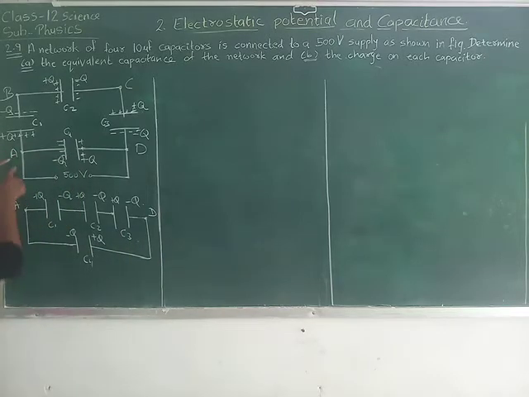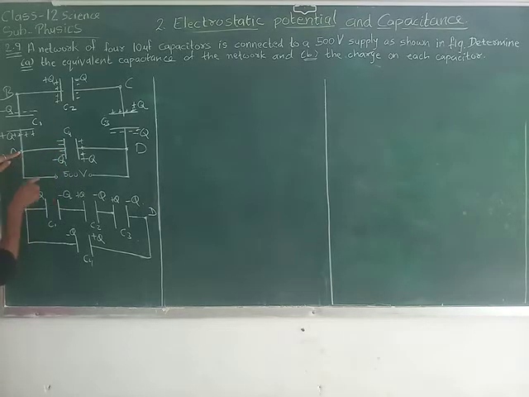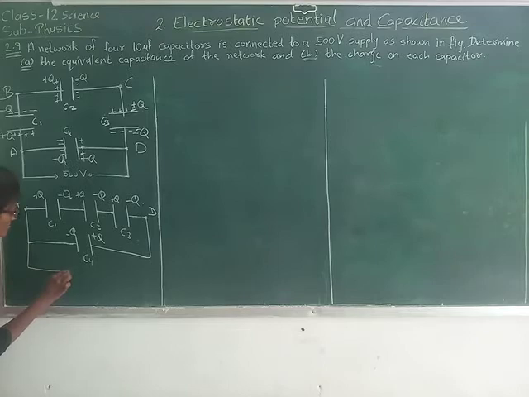Now you can see this point A, which connects this negative plate of C4, is connected to the supply, right? So here we can say it is given the supply 500 volts.